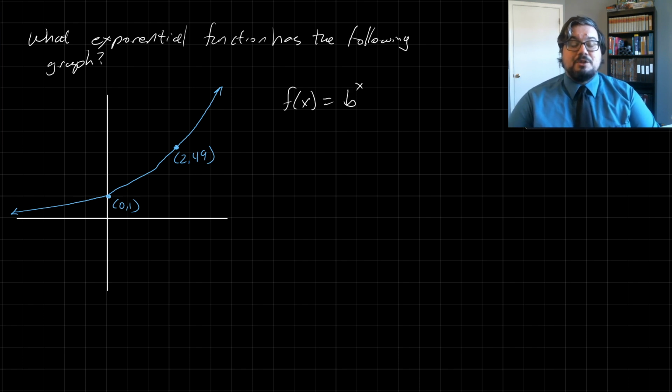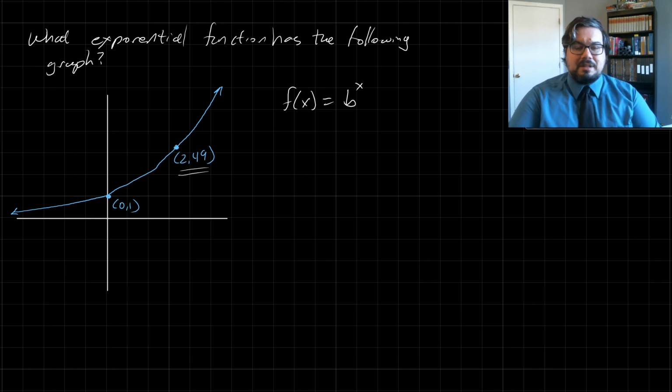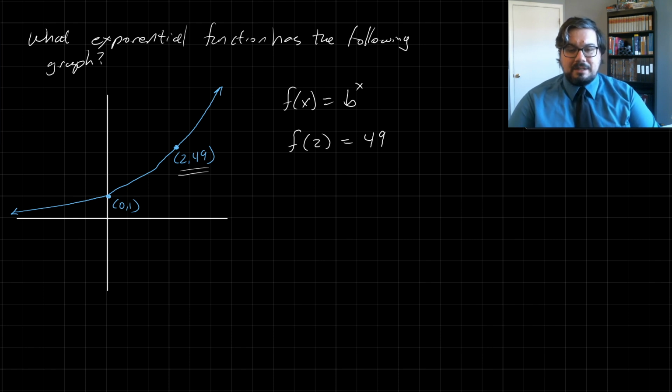So for this, what we can do is use some point that we do have on the graph, other than 0, 1. We've got the point 2 comma 49. So we're told that f of 2 is equal to 49. But f of 2 can also be written as b to the 2, base raised to the second power.